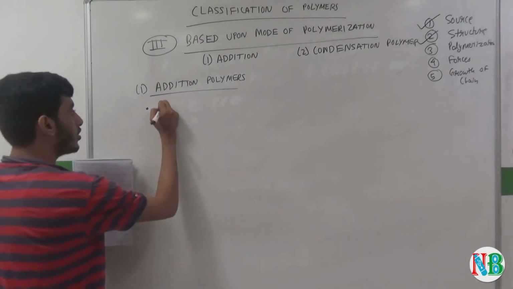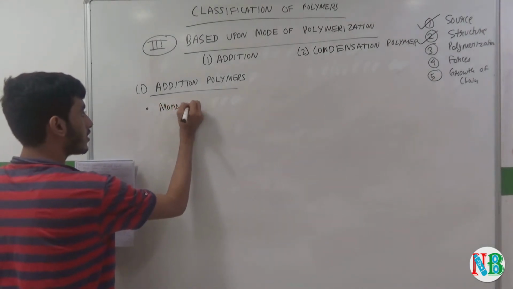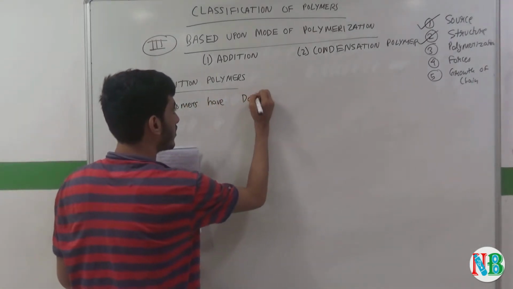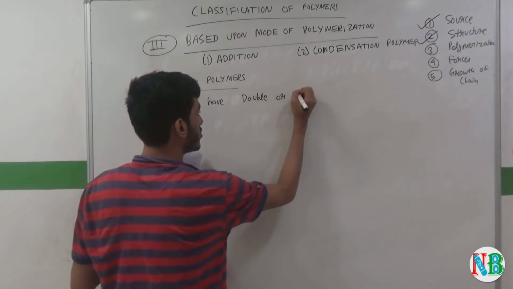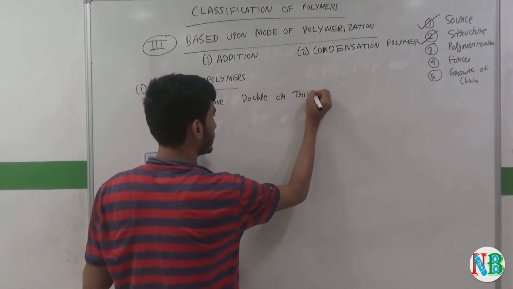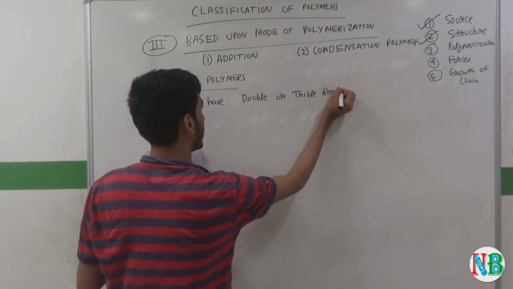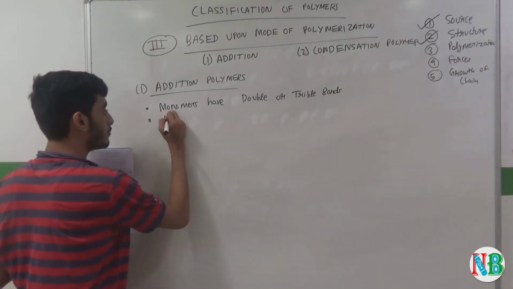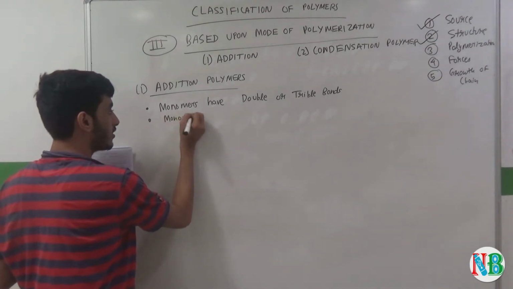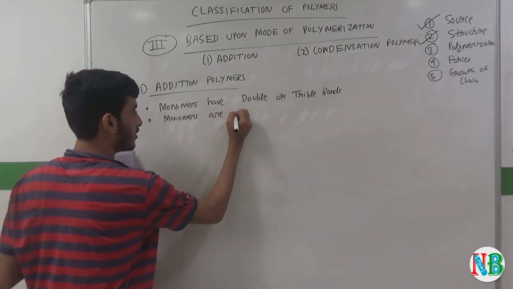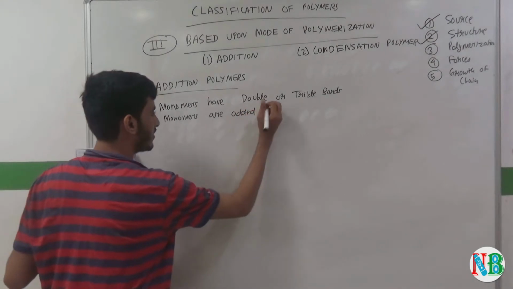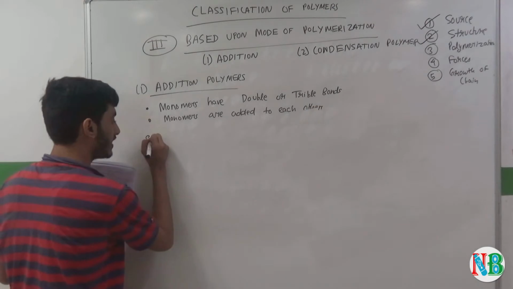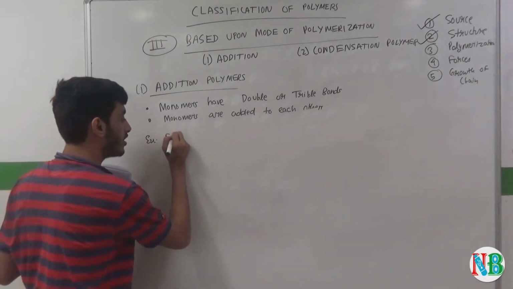So the monomeric units, the monomers, have either a double bond or a triple bond. The monomers are added to each other, simply added to each other.